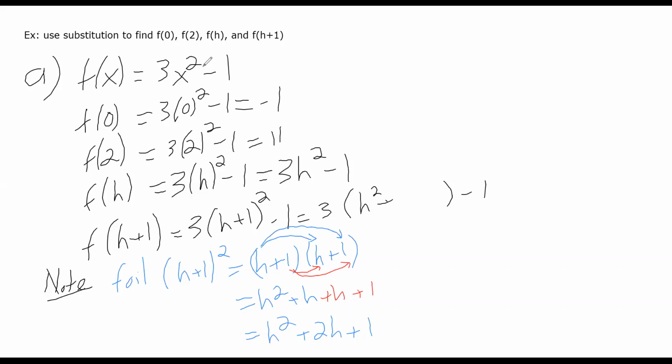h squared plus 2h plus 1. Now we distribute the number 3 in: 3h squared plus 3 times 2 is 6h, plus 3, minus 1. And then combine like terms. We have 3h squared plus 6h plus 2.